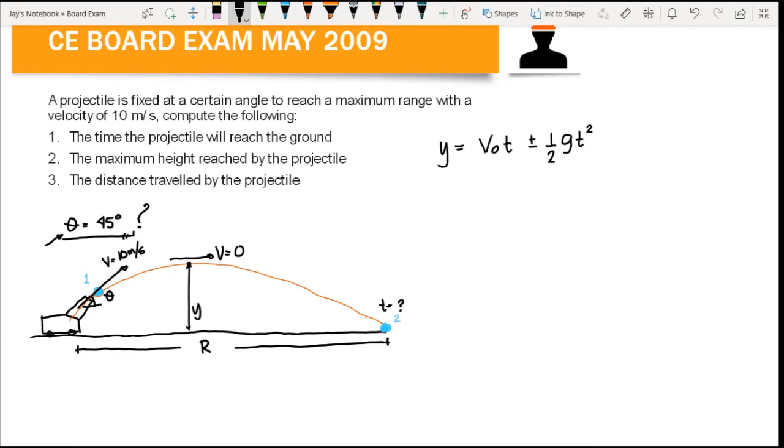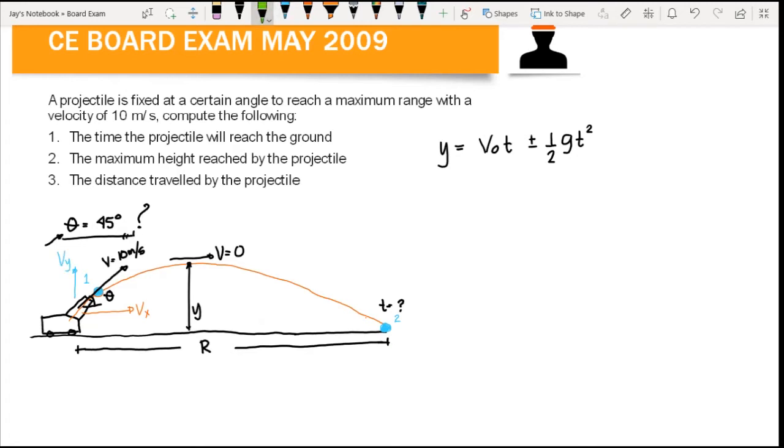Now, since our velocity here is at a certain angle, that means we would have the horizontal and vertical components of the velocity. So we would have here vx, and we also have the vertical component of the velocity, let's say that's our vy.